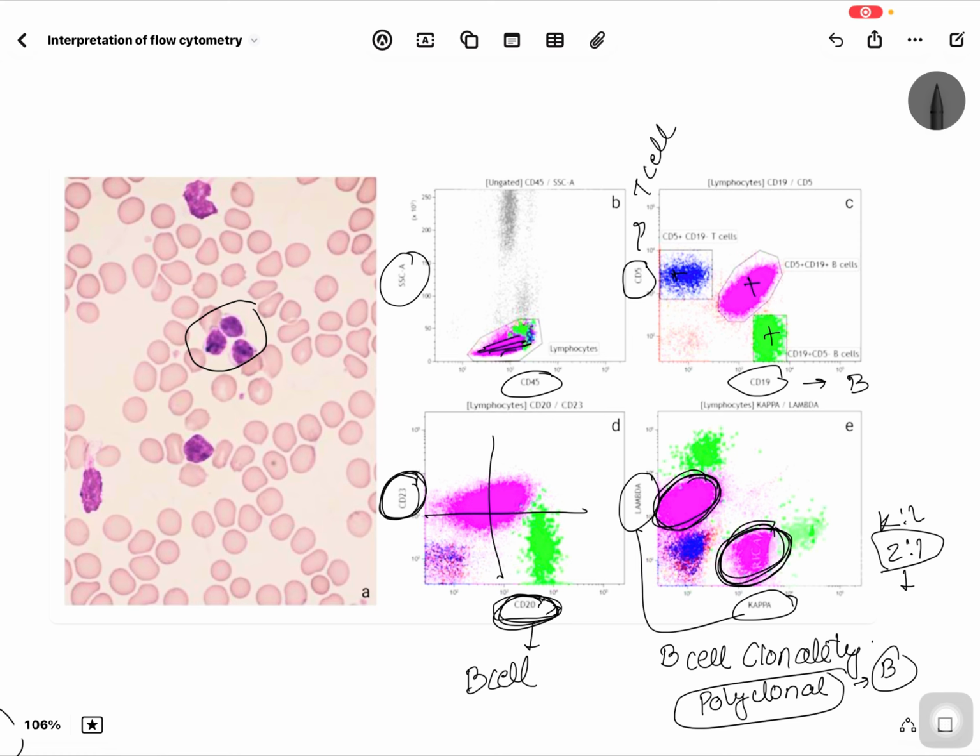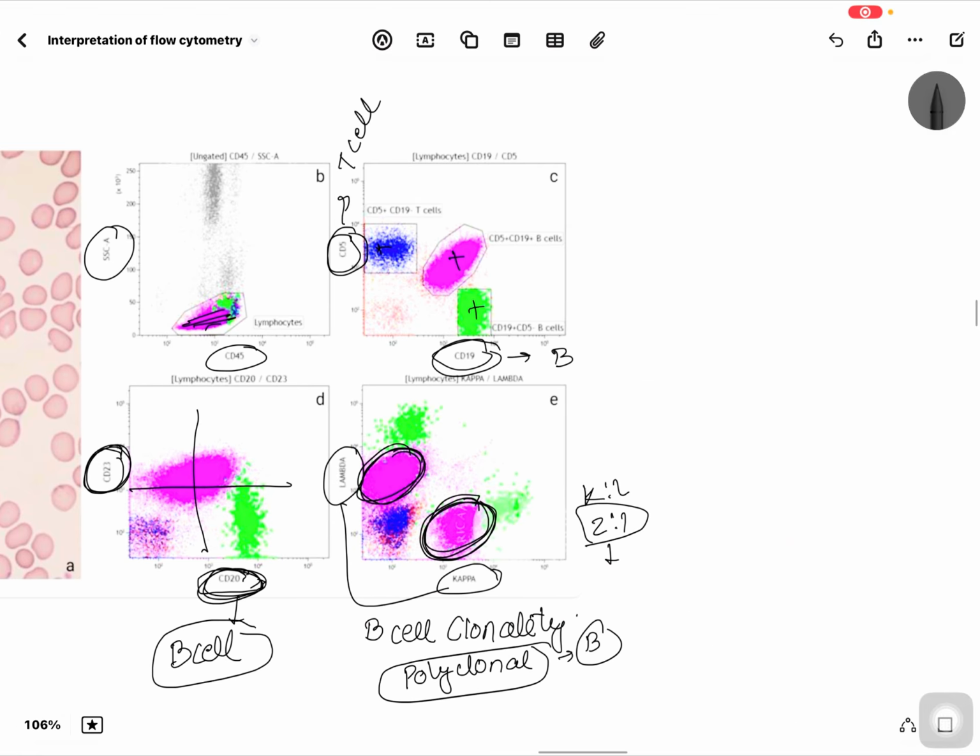Okay, so what does that tell you? If only one cluster is restricted towards one side, it gives you the hint that something abnormal is happening. But in this B cell population, along with CD5 and CD19, what is the interpretation? Yes, CD5, CD19 along with CD23.